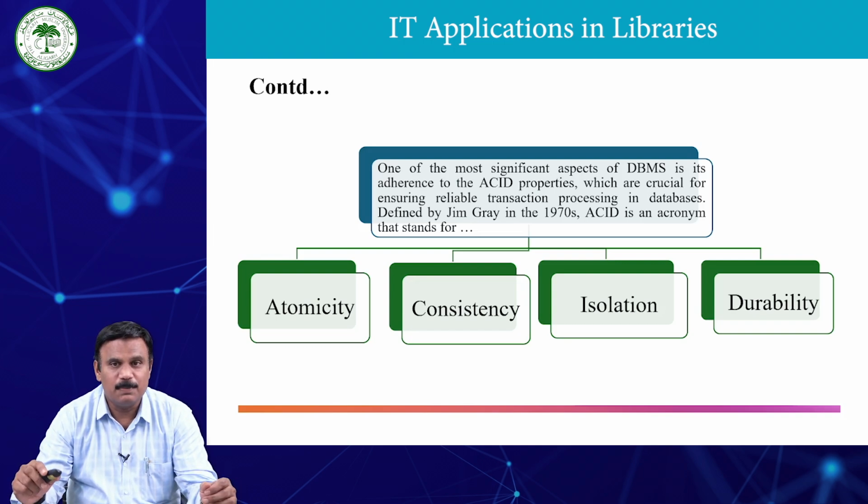Atomicity is a property that ensures that all transactions are treated as indivisible units. It guarantees either the entire transaction is completed or none of it is applied, preventing partial updates or inconsistent states.